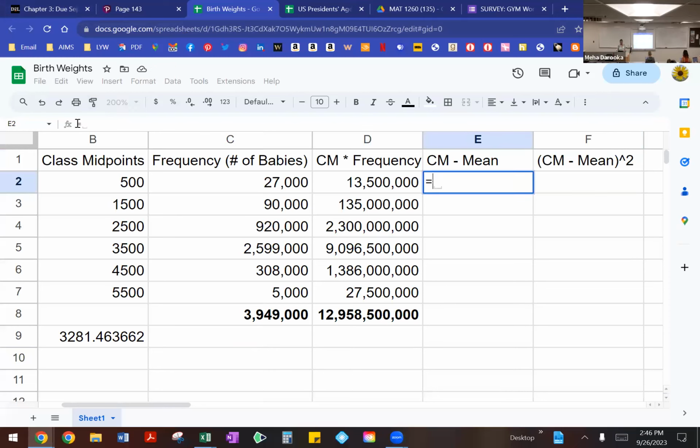So here you will click on the class midpoint, and from that, you will subtract where you have the mean. Now remember, your mean is going to stay the same cell. That is not going to change, but your class midpoints will keep changing as you're working on the different ones. So around that B9 cell, which is my mean, I'm going to put those dollar symbols, so that when I copy my formula down, it will stay the same B9 for all the subtraction when you're subtracting by the mean.